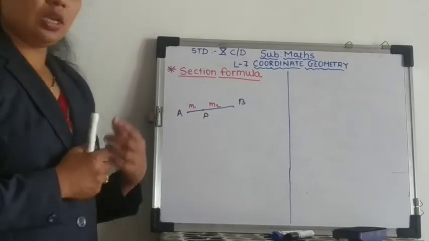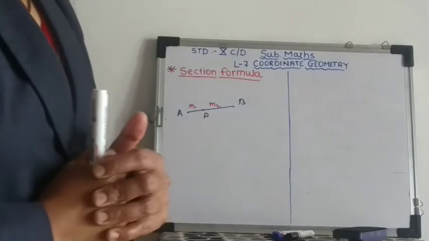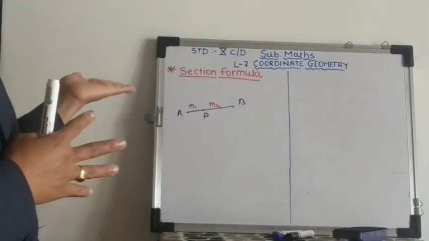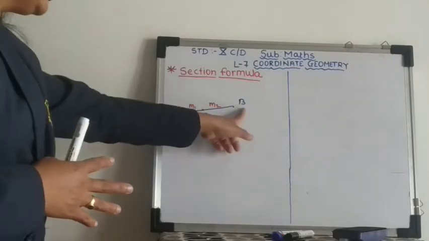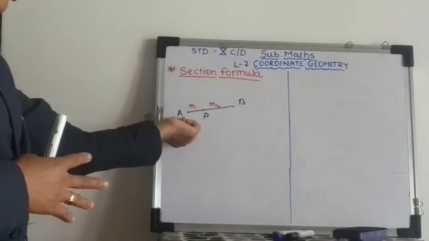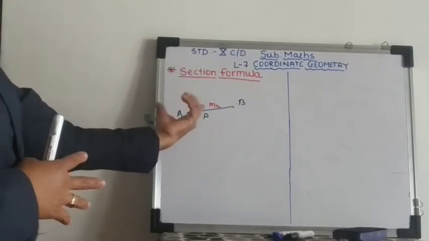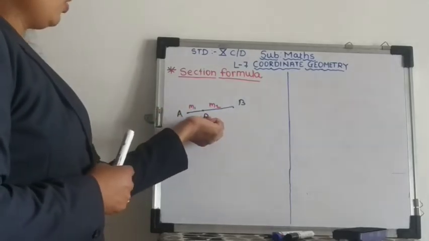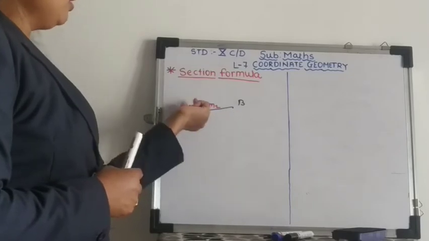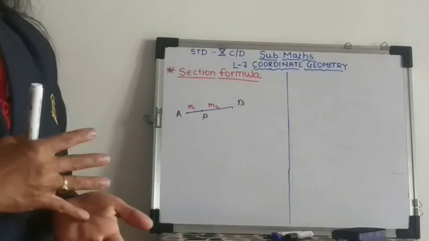In such a case we use this section formula to find the coordinates of P when the coordinates of A and B are given and the ratio is also given. So what is this section formula?